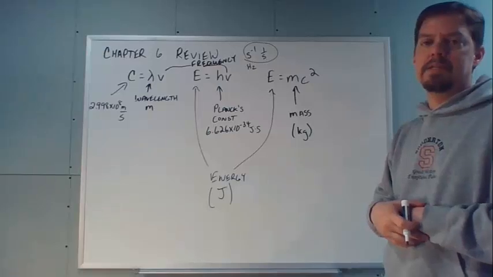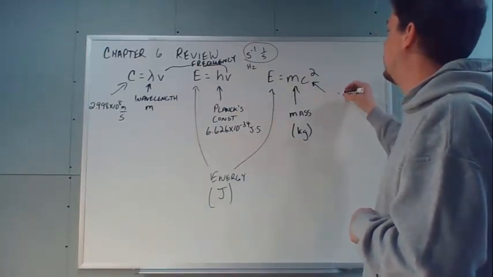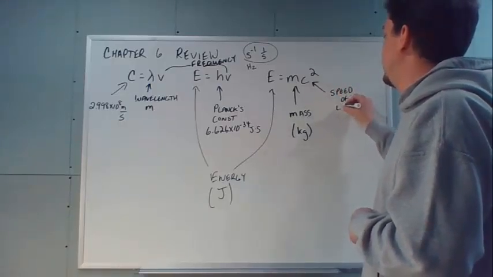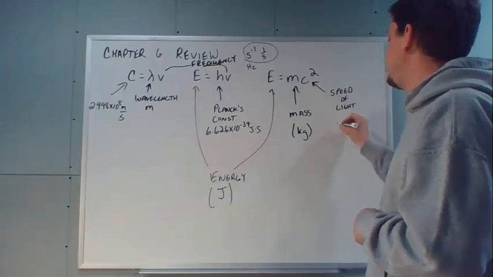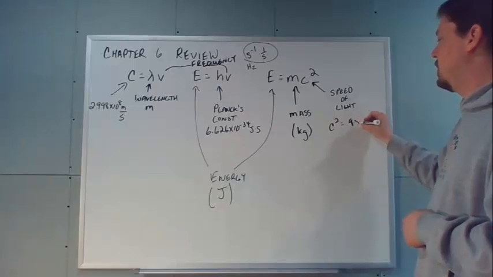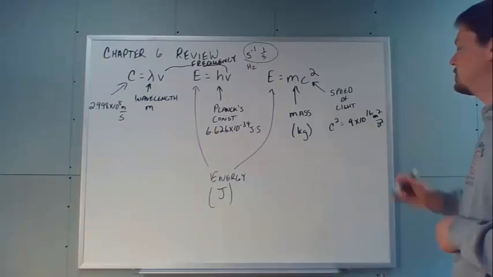These are physics equations, so mass will be in kilograms. And then c, again, is the speed of light, and we have to square that. So remember, c squared then ends up being 9 times 10 to the 16th, essentially, meters squared per second squared.